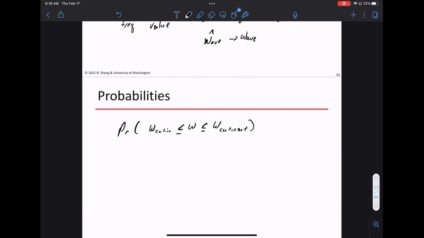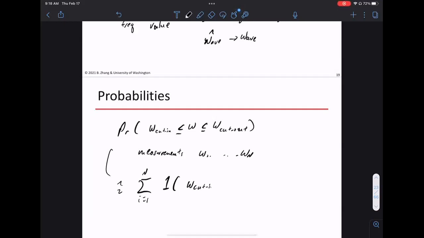So let's say we have measurements. All these measurements, and this is roughly the summation of the indicator function. So this is sort of a 0, 1 function you have.